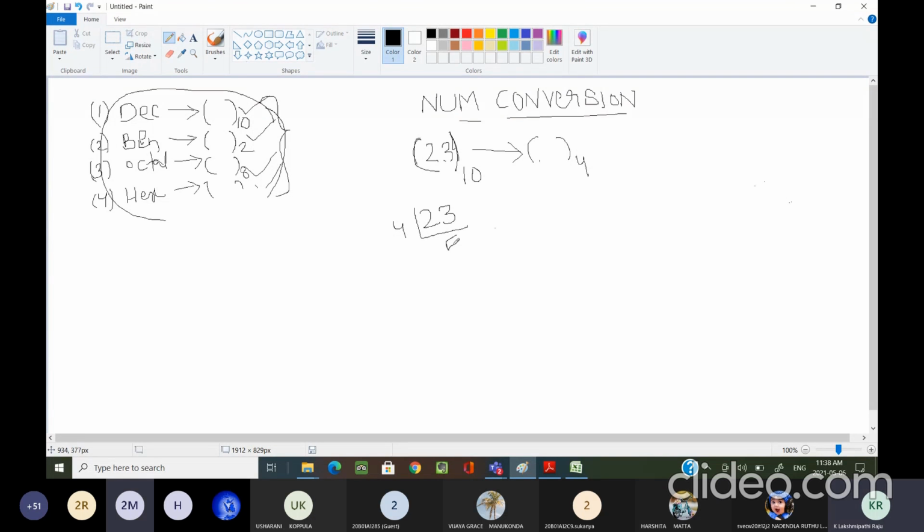What is the remainder? 3. Next, 4, 1 time. What is the remainder? 1. Now, what is the result I am getting? 113 of base 4.